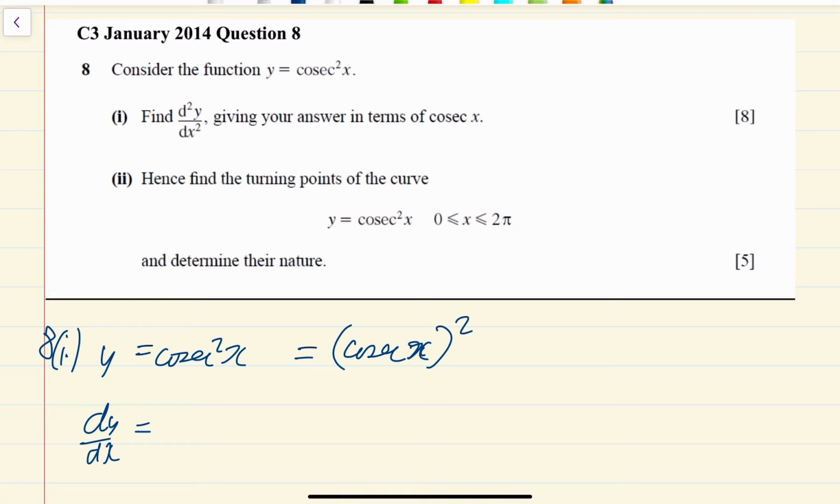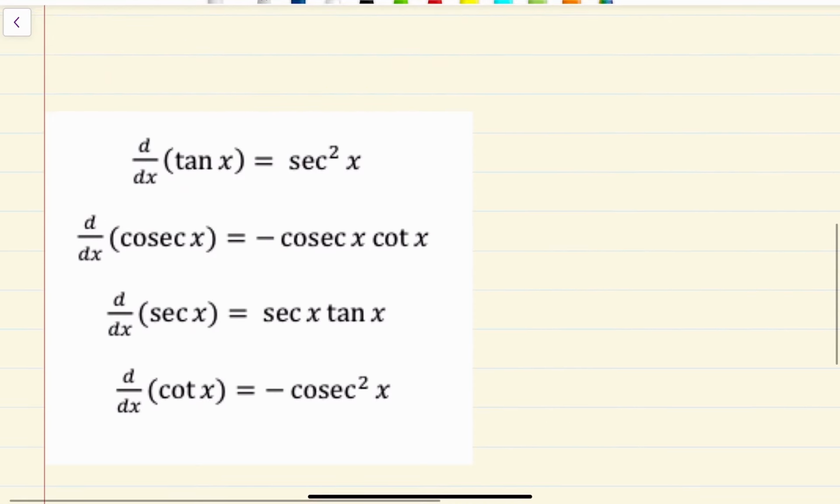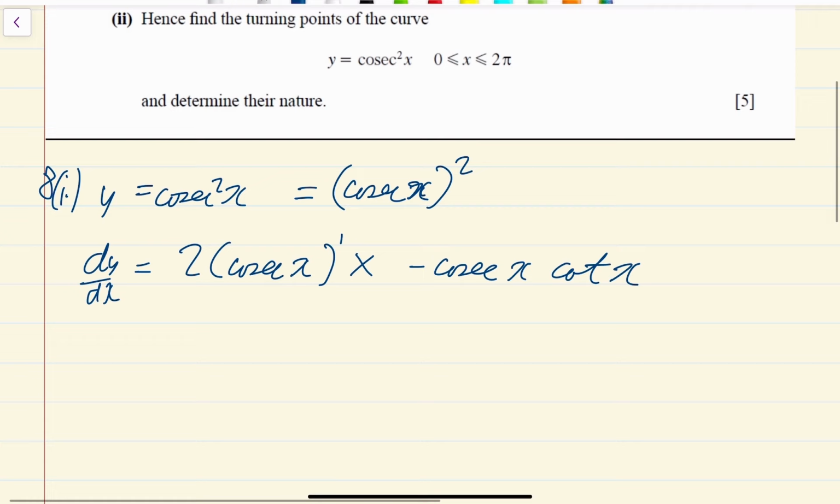To differentiate this, differentiate with respect to the power, you're going to have 2 cosec x to the power of 1, and then differentiate inside the bracket, you're going to have minus cosec x times cot x. And again, just check that: differentiate cosec, you get minus cosec x cot x. So when you tidy that up, you're going to have minus 2 cosec squared x times cot x. So that's your dy by dx.